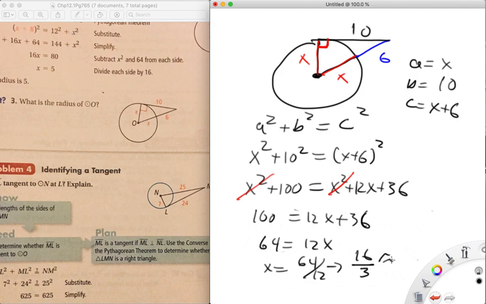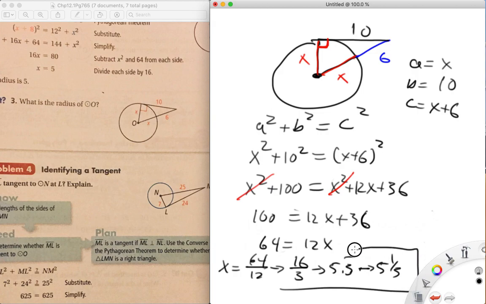And that would be about 5.3 bar. Or you can say 5 1/3. Any one of those is correct. I'm more preferable to fractions.